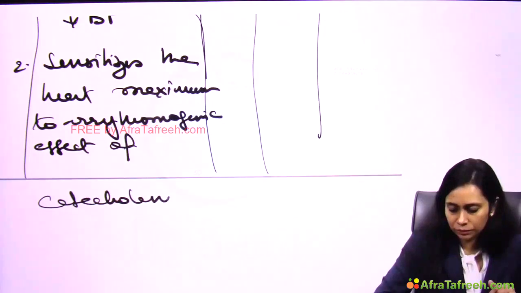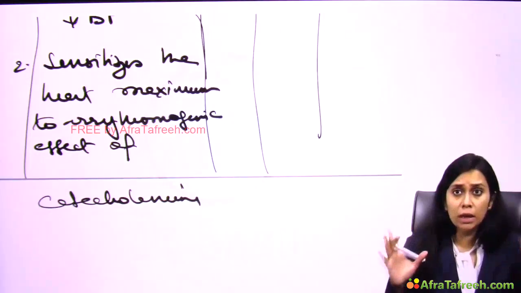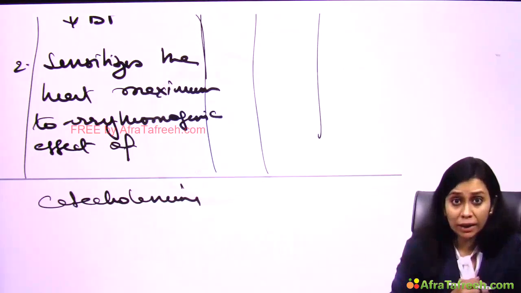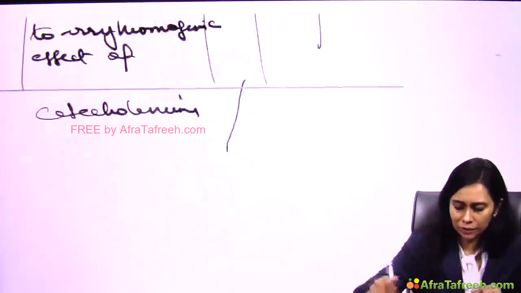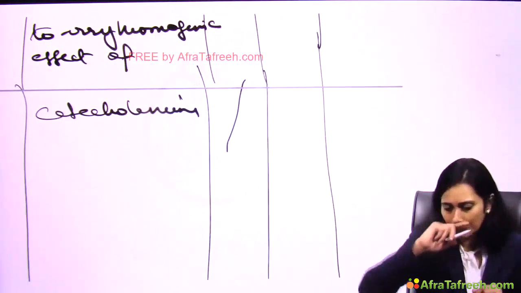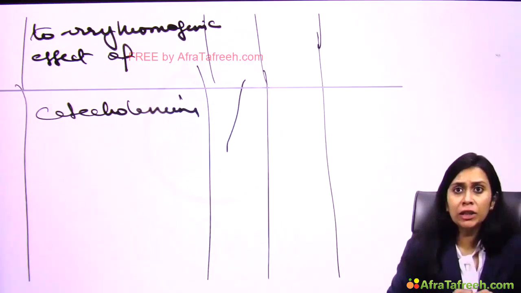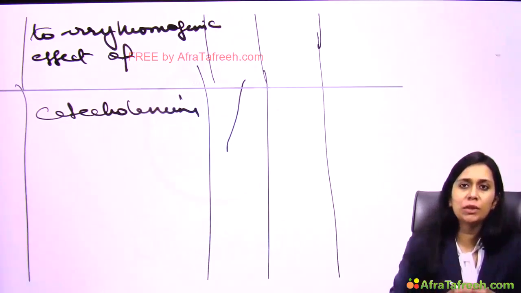Okay? Rest of the agents, minimal. No need to remember. Only remember halothane in this pretext. Okay? Third effect on the cardiovascular system. Guys, before coming to the third effect, I want to ask you, pheochromocytoma, which inhalational agent should be avoided? Halothane. Why? A little increase in catecholamine in the blood, arrhythmia can get precipitated.